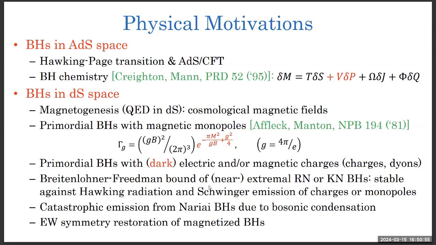And electroweak symmetry restoration of magnetic black holes, suggested by Maldacena. Actually, just imagine we have a primordial black hole with monopole charges. So it has a very strong magnetic field on the horizon that restores electroweak symmetry. That is what he suggested.